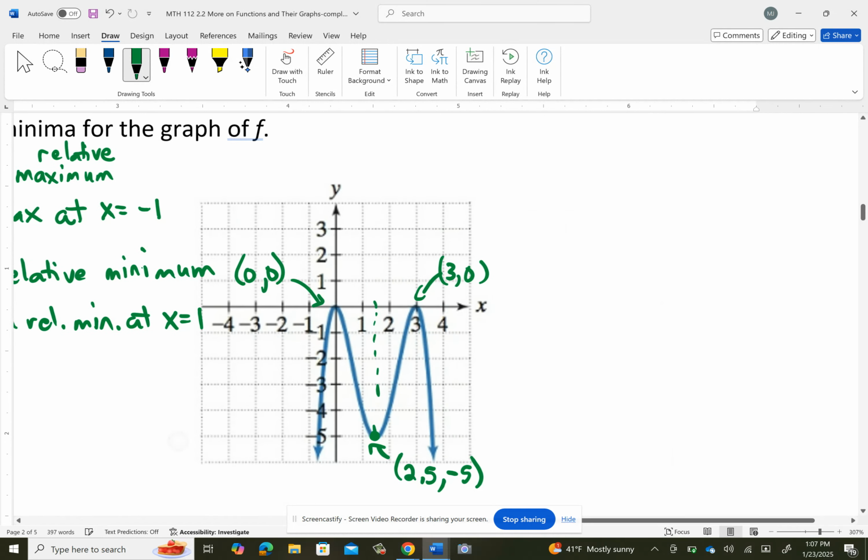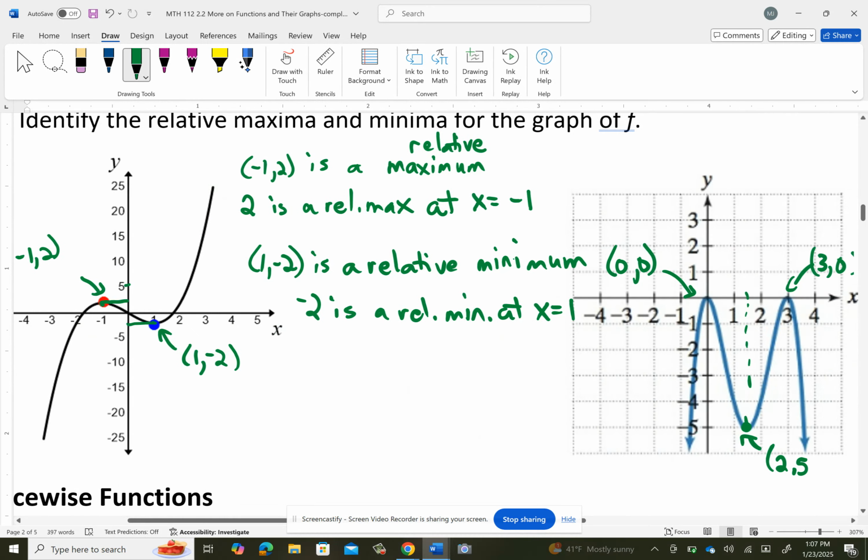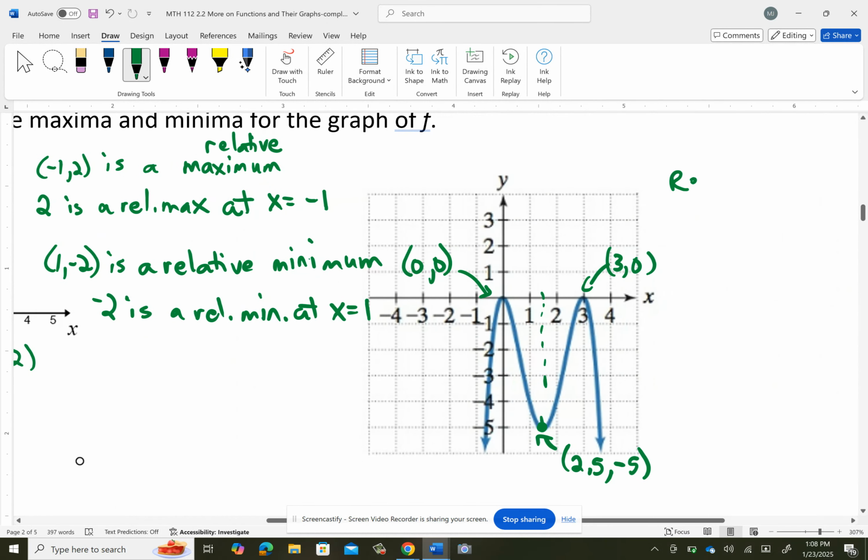Okay, so for this one, we have 2 relative minimums. Sometimes they say minima when there's 2 minimums. We have 2 relative maximums, I should have said. And they might have just said maxima instead. And the points where that occurs are the ordered pairs 0, 0, and 3, 0.